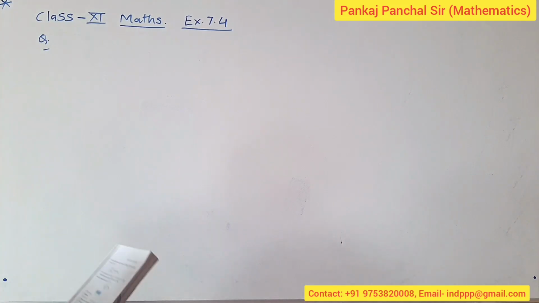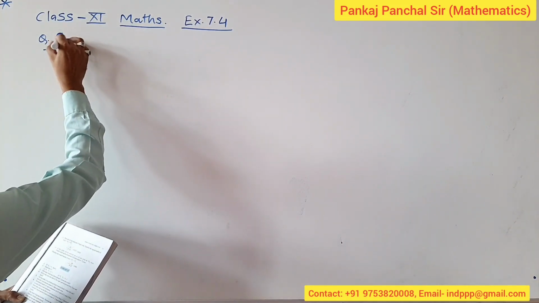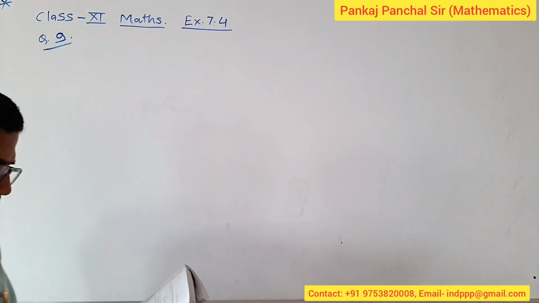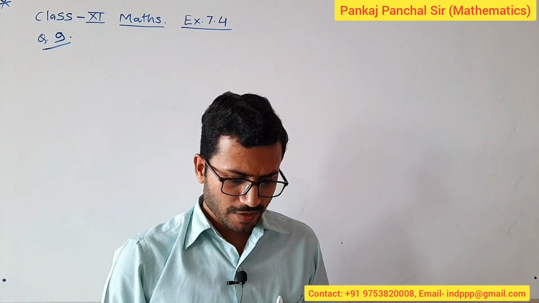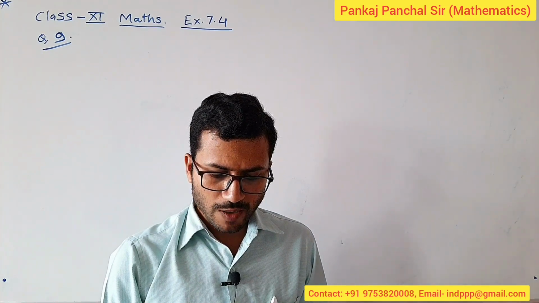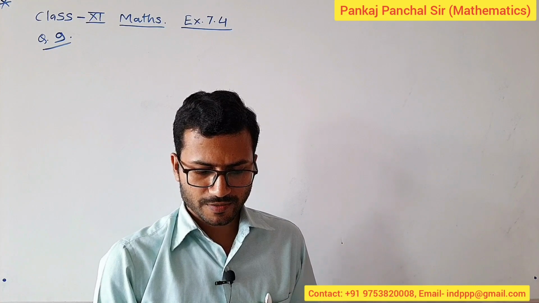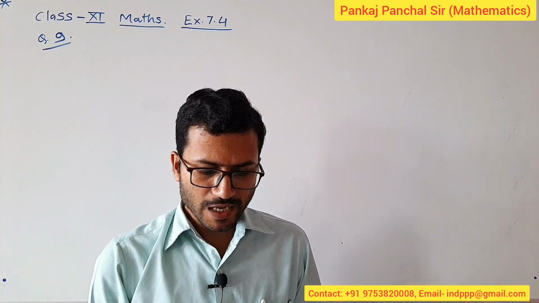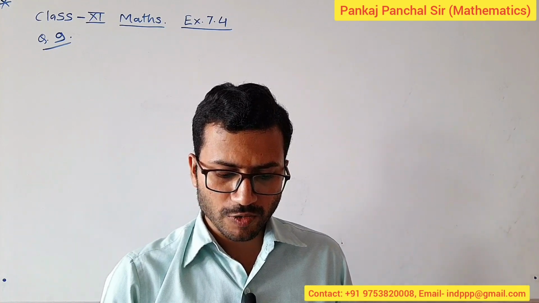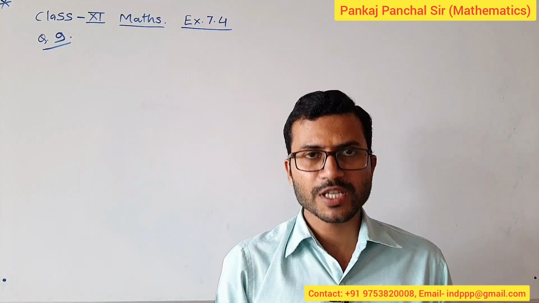Question number 9. In how many ways can a student choose a program of 5 courses if 9 courses are available and 2 specific courses are compulsory for every student.